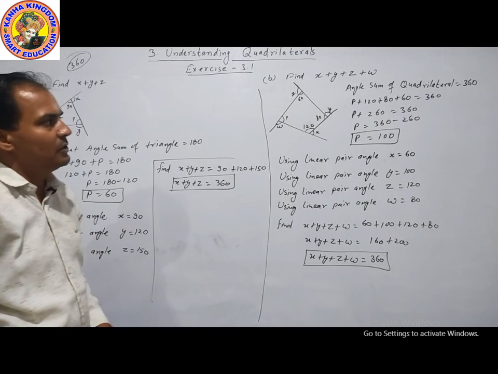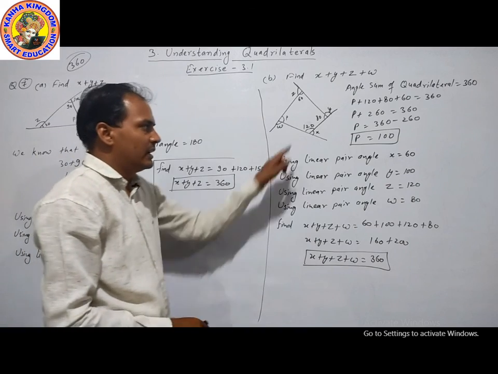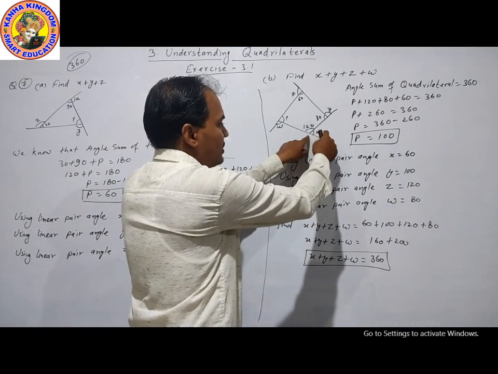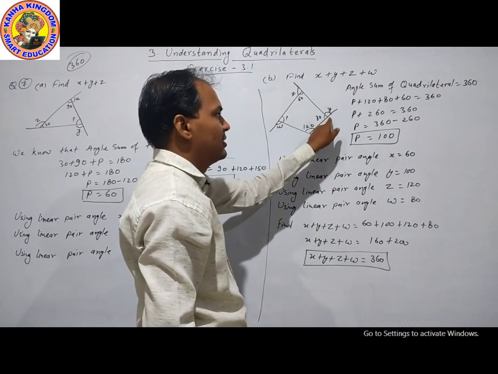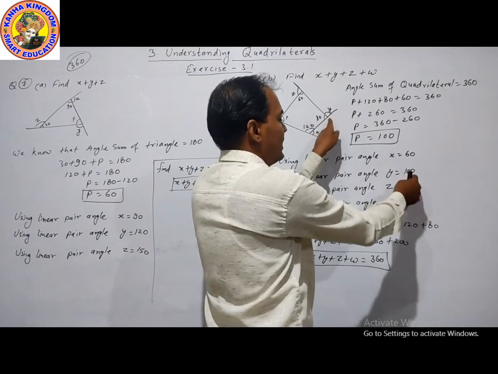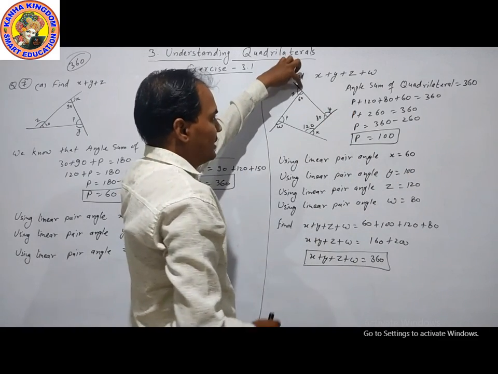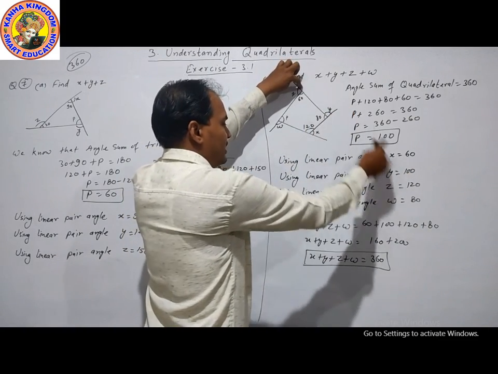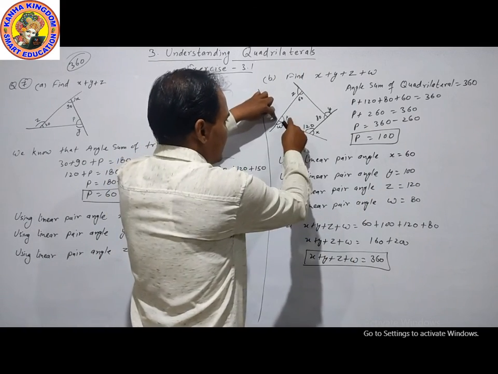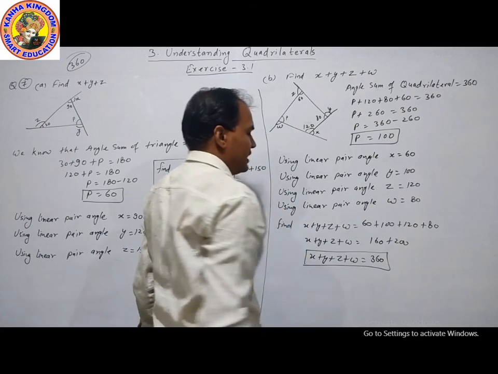Now we will find the value of X, Y, Z and W. At X, this is our linear pair angle. So 180 minus 120 is 60. X is 60. At this, 180 minus 80 is 100. Y is 100. 180 minus 60 is 120. Z is 120. P is 100, 180 minus 100 is 80. W is 80.